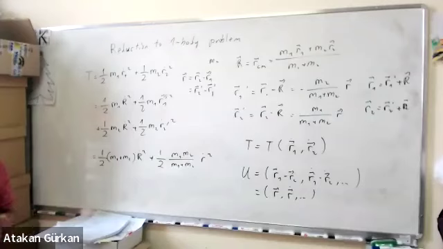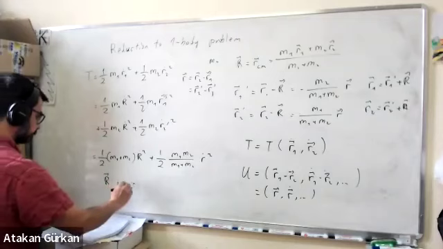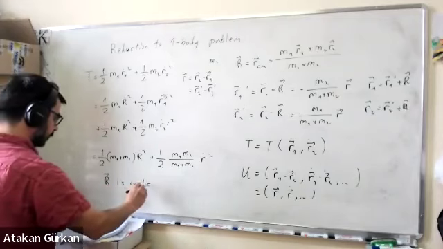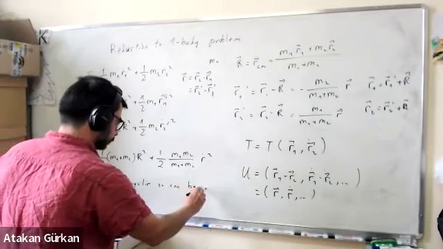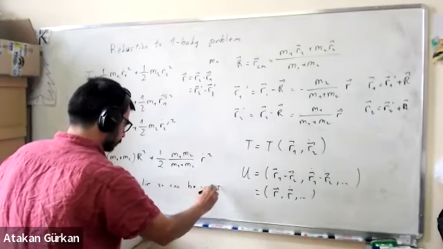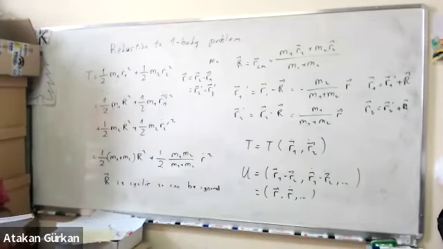I can say this without doing any computation at all, which means I can just take this up. I can take the R, so R is cyclic. So it can be ignored. In fact, another name for cyclic coordinates is ignorable coordinates.